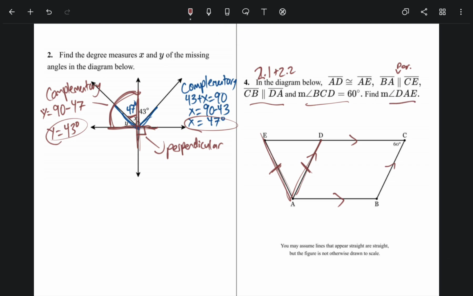So we're trying to find the measure of DAE. So first, we need to fill out our proof. So BCD equals 60 degrees. That is given. Then we are also given that DA is parallel with CB.